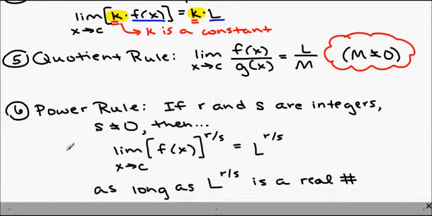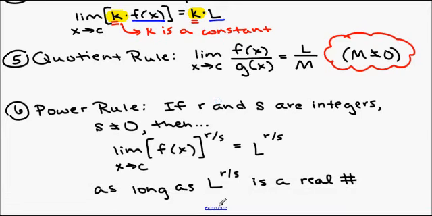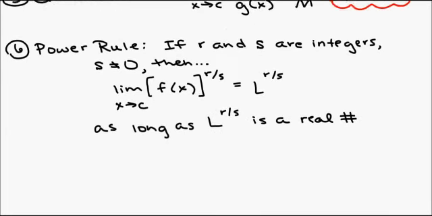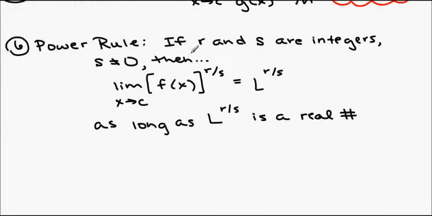Okay. And the power rule. This is our last one for right now. The power rule says that if r and s are integers and s is not equal to 0, then the limit as x tends to c of the function f of x to the power of r divided by s. So this is why s can't be 0, because we have r divided by s.